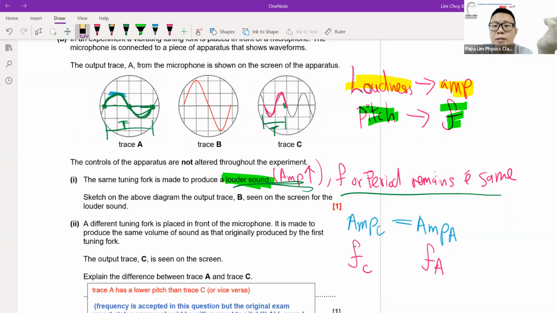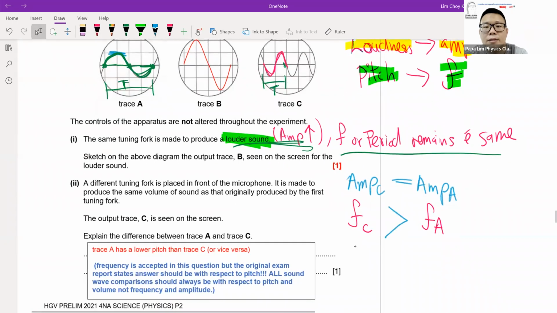And the frequency of C is larger than A. So when I talk about the pitch of A and C, if C has a higher frequency, it means the pitch of C will definitely be higher than the pitch of A.